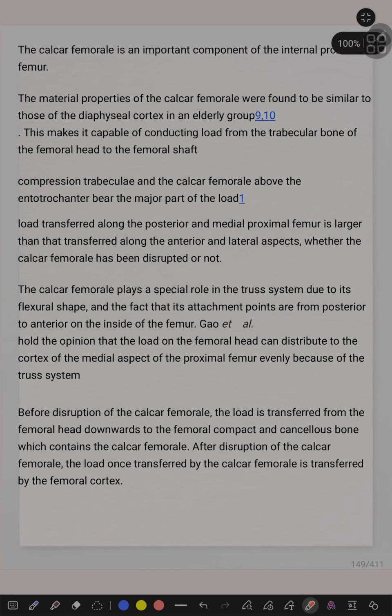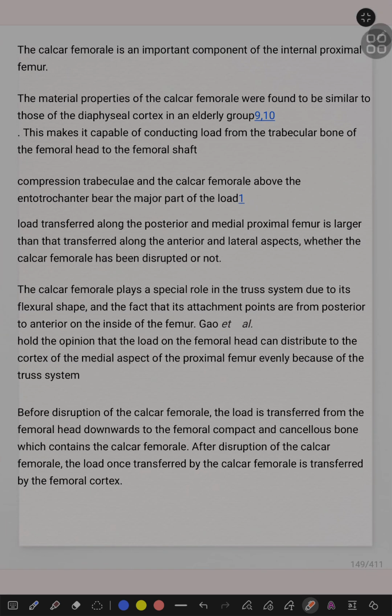These are the important points I extracted. It says the Calcar Femorale is an important component of the internal proximal femur, and the property of its material is similar to that of the diaphyseal cortex in elderly people, making it capable of conducting load from the trabecular bone of the femoral head to the femoral shaft.